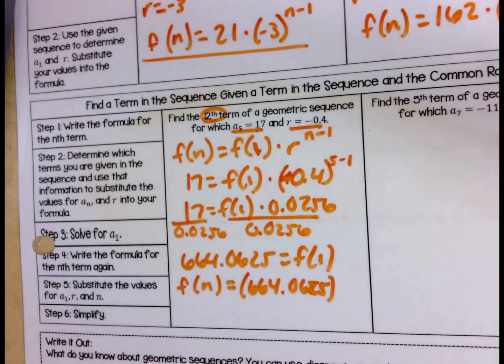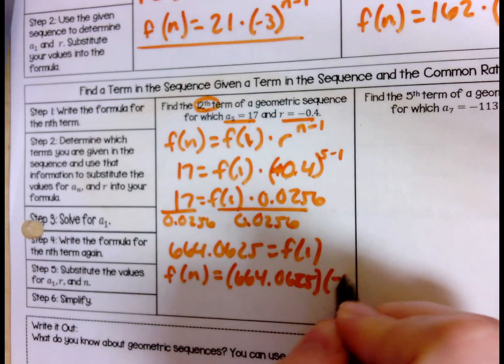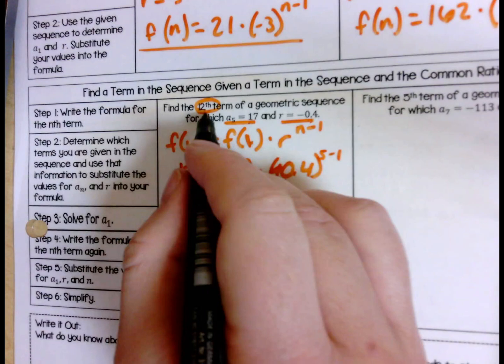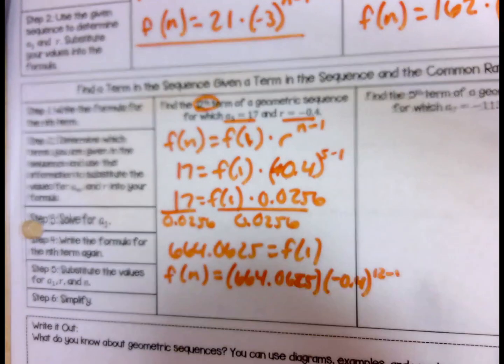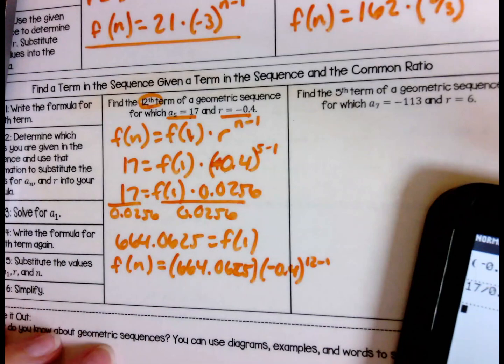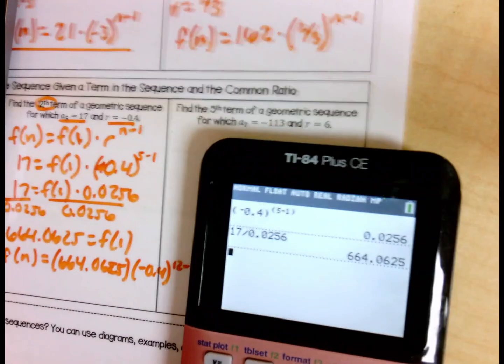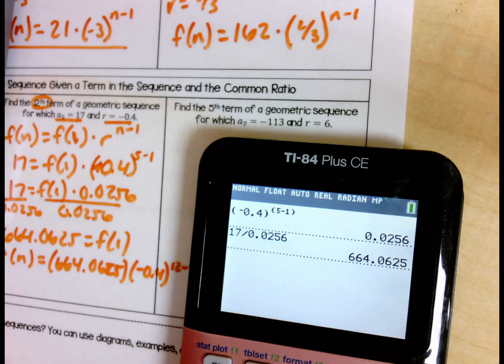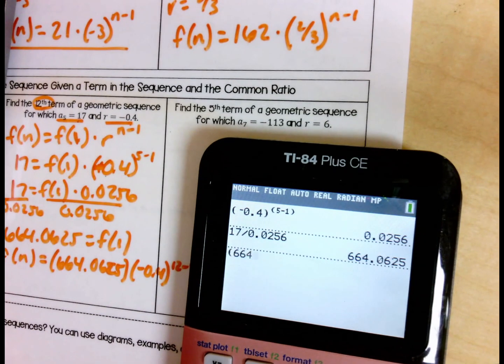And we're going to multiply that by the ratio, which is negative 0.4, raised to the 12 minus 1 power. And then we're going to plug that straight into the calculator. So, let's see, we're going to do 664.0625. We're going to multiply that by negative 0.4. We're going to raise that number to 12 minus 1. And we're going to press enter.